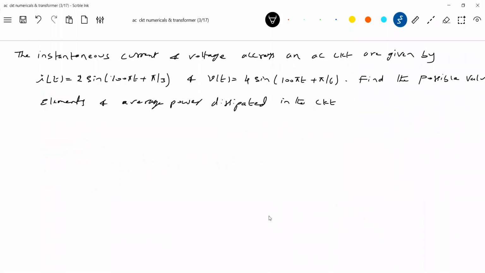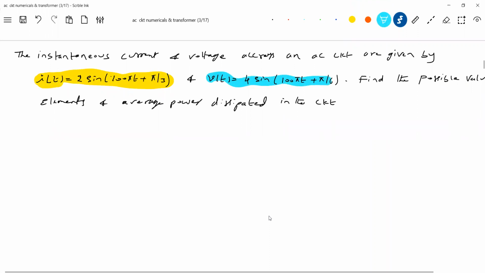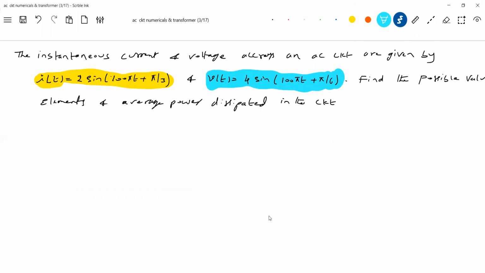Take the next one. The instantaneous current and voltage across an AC circuit are given by, there's a current and there's the voltage. Find the possible values of the elements and average power dissipated in the circuit.